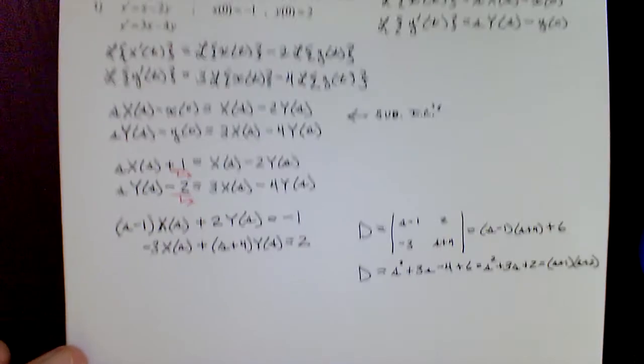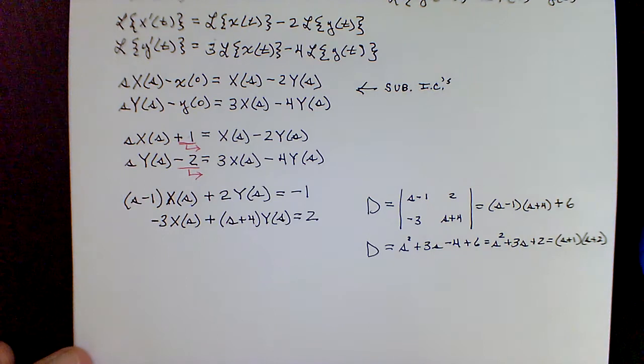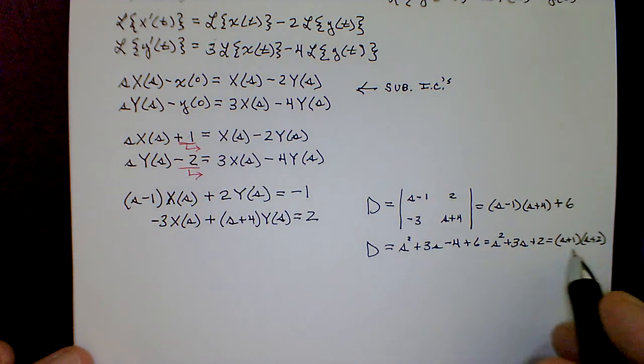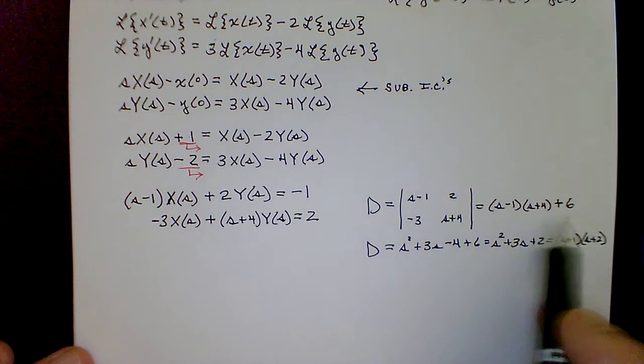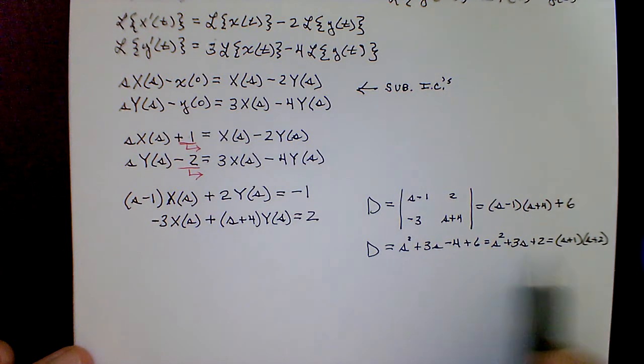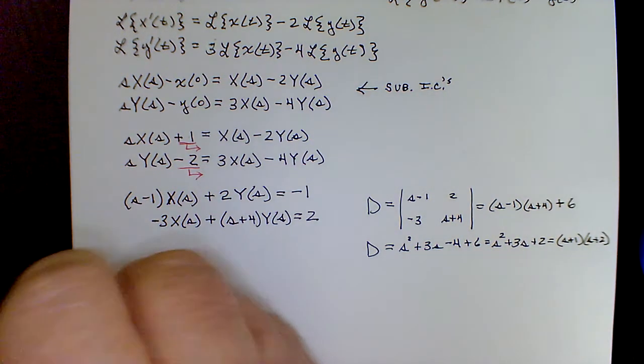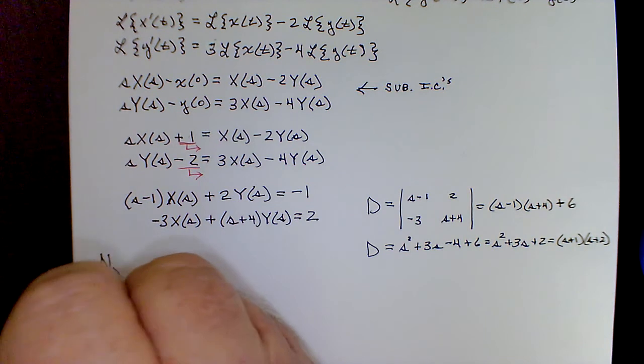So that's going to be our denominator. And that type of thing typically does happen, where after you calculate the determinant, you get an expression that you can then factor.